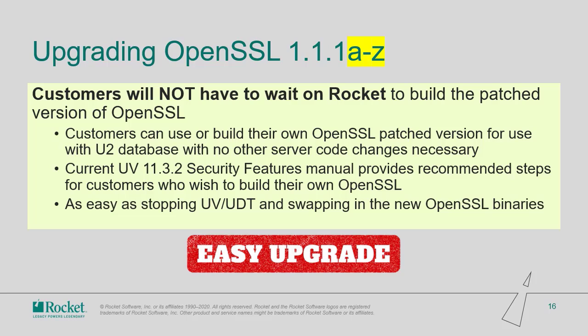As patches and security fixes for OpenSSL 1.1.1 get released, customers have more flexibility to choose to upgrade OpenSSL right away if needed. And really it's just as easy as stopping Universe or UniData and swapping in the new OpenSSL binaries for the old ones.